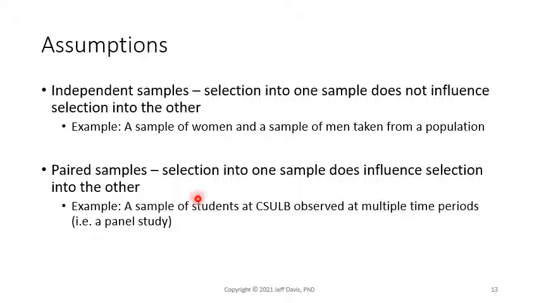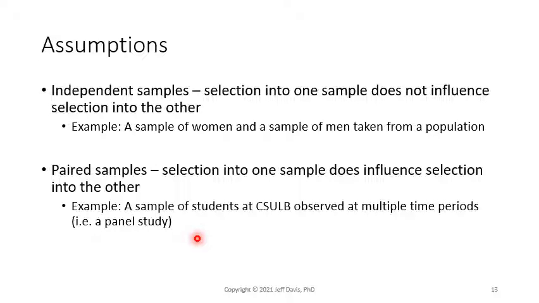And typically, where you see paired samples are in what we call longitudinal studies or panel studies, where we might follow a group of folks. We take one sample from the population, and then we take some measurement at time one of that sample, and then we come back to that same sample maybe a month later or 2 months later or a year later or however long.